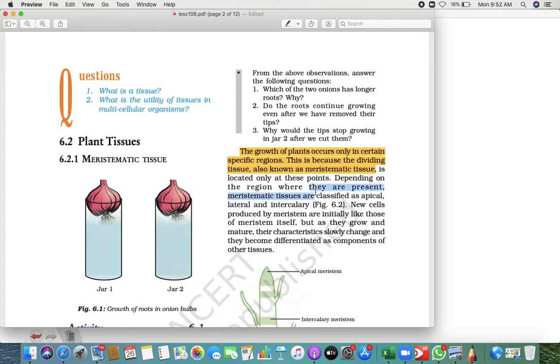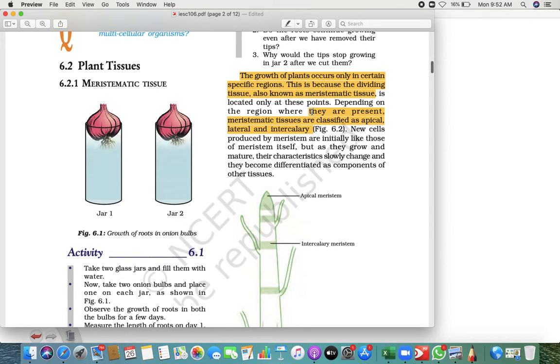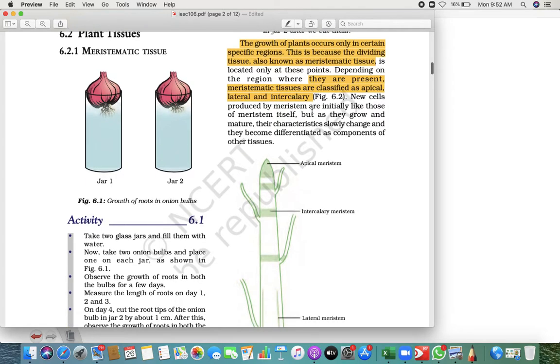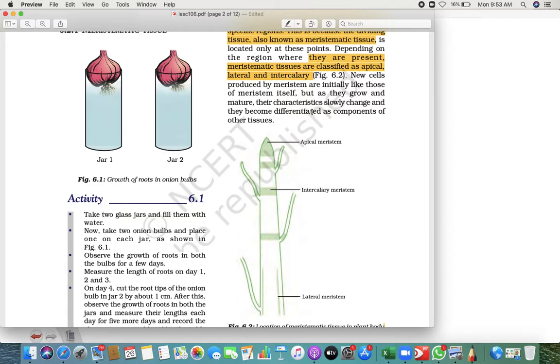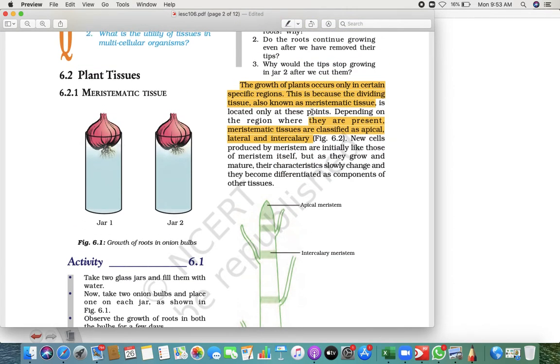So now again meristematic tissue is divided into three. Which ones? Apical, lateral, and intercalary. Apical, can you see? Apical is there on the root, on the top of it. Now let me explain one by one. New cells produced by meristematic tissue are generally like meristematic cells themselves.